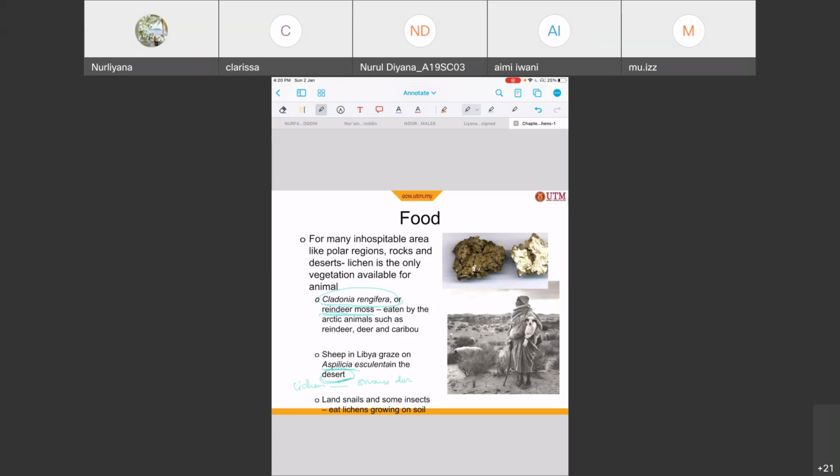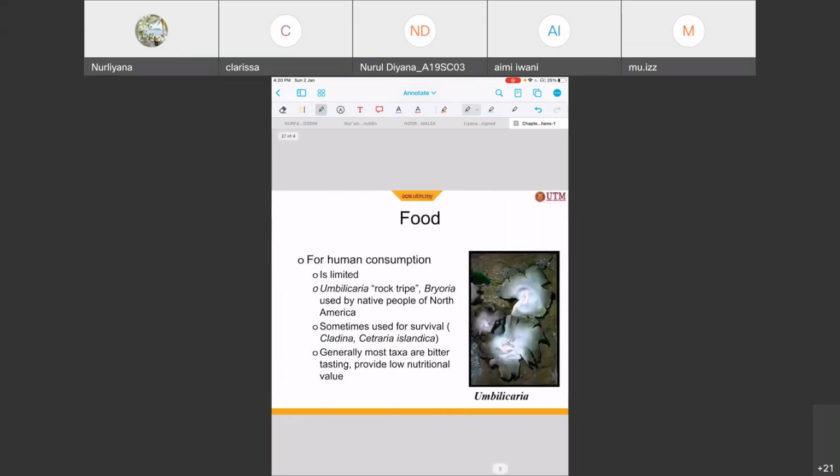So who consumes all of them? Animals yang ada dekat kawasan yang extreme condition tu lah. Kan macam reindeer, deer, dekat desert, sheep lah. Okay, and another example is land snail and some insects that eat the lichens that grow on the soil.